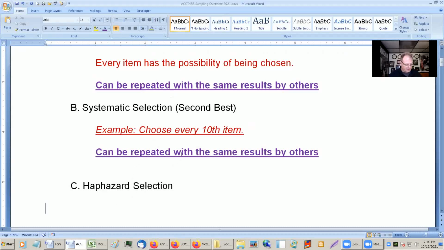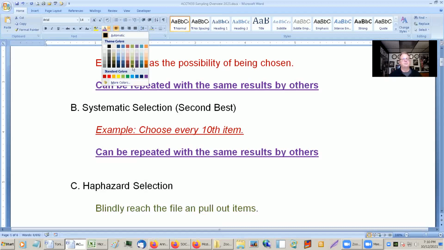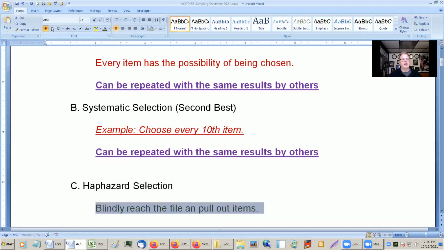Haphazard selection is when you blindly reach into a file and pull out items. So it's sort of like just closing your eyes.